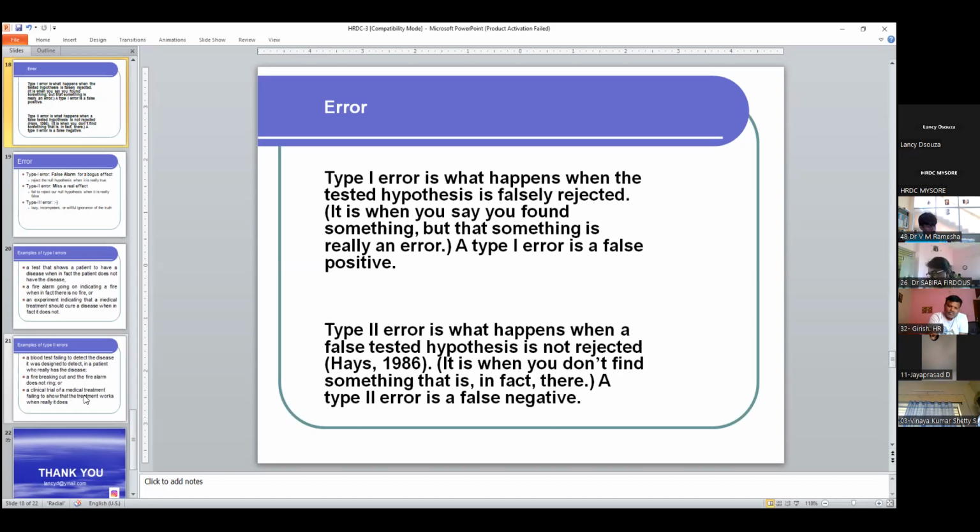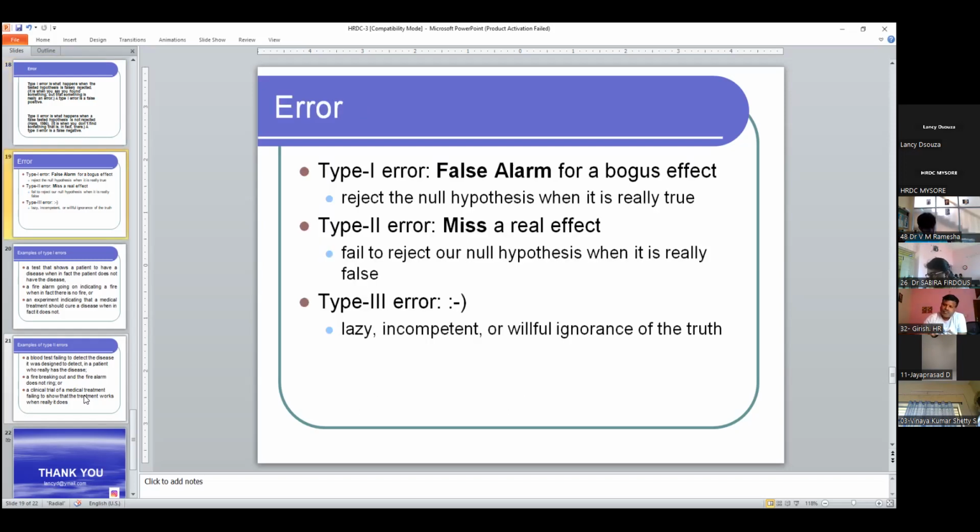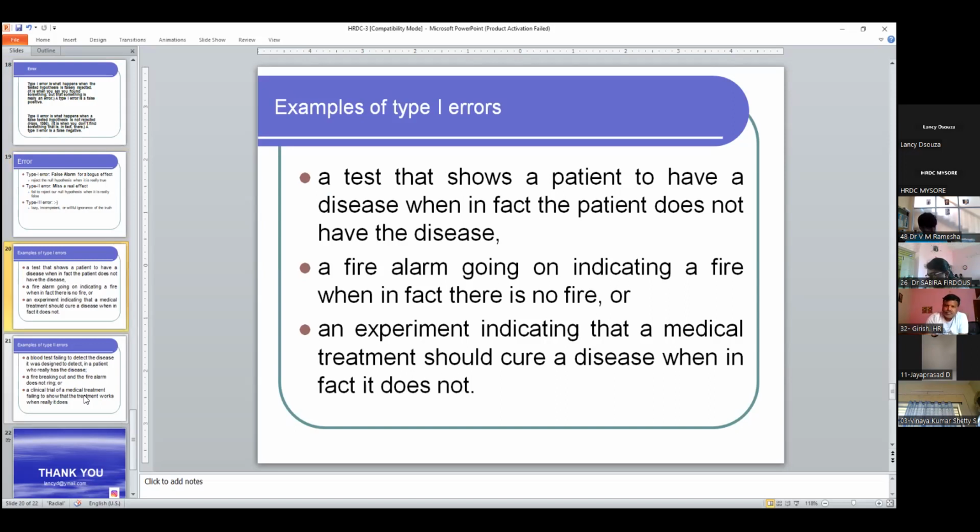But a type 2 error is when you don't find something that is there. There was a fire on the 10th floor, but there was no alarm. Are you getting the severity of type 1 and type 2 errors, where something is there but it is not reported? On a simple level, a person goes for an HIV test and in fact he doesn't have HIV, but the test says he's HIV positive.